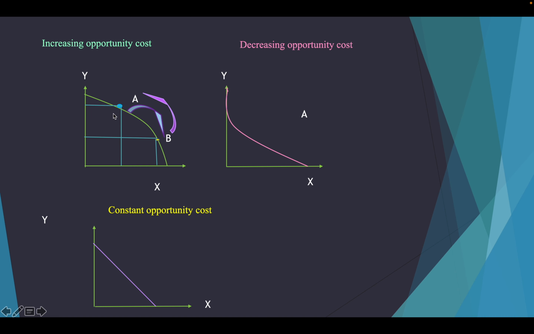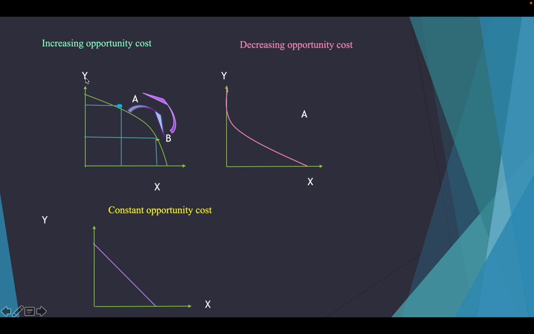Okay. And I have to say, children, first of all you should identify the axes of this diagram. This is your vertical axis and this is your horizontal axis. I named the vertical axis as y and the horizontal axis as x.